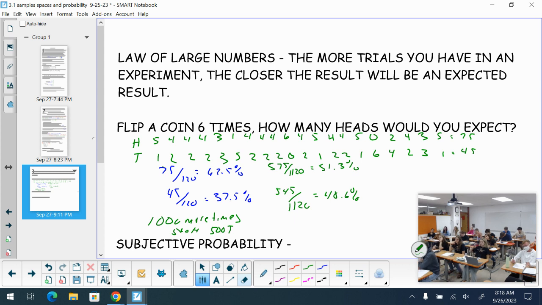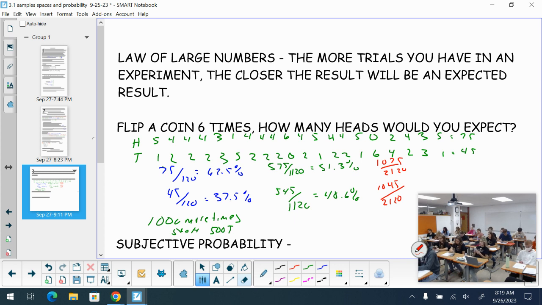If I add another 500 here, real quick, we have 1,075 and 1,045, and divide by 2120. Take 1075 divided by 2120. Take 1045 divided by 2120.